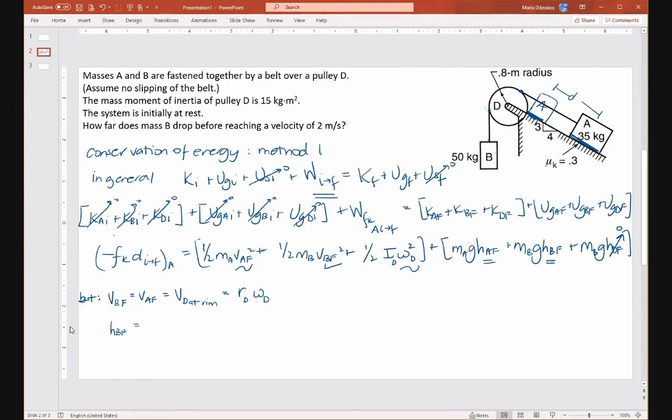Now the height HBF that B drops is equal to the distance traveled by A up the ramp. So HBF is going to equal D, initial position to final, of A. So this D here, I'll put the A here. The friction acts on A.